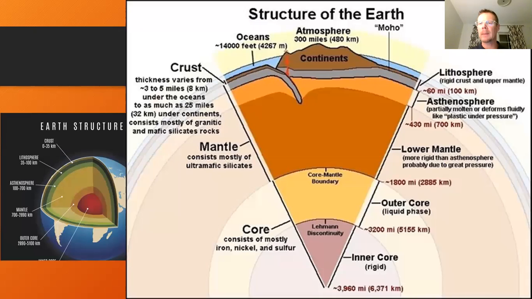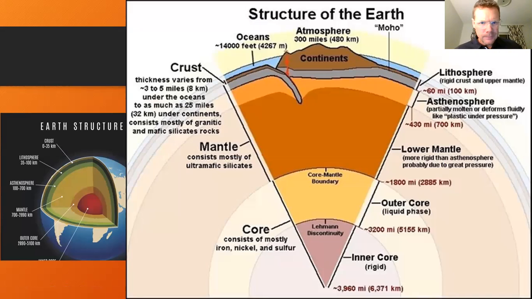Here again, we have a cross section. I need to move my little screen of me. There we go. Again, we have a cross section. The atmosphere outside of the Earth, we have our oceans, which would be part of the hydrosphere we talked about last week. If you look down the left side of this screen, you have the crust, 3 to 5 miles deep.